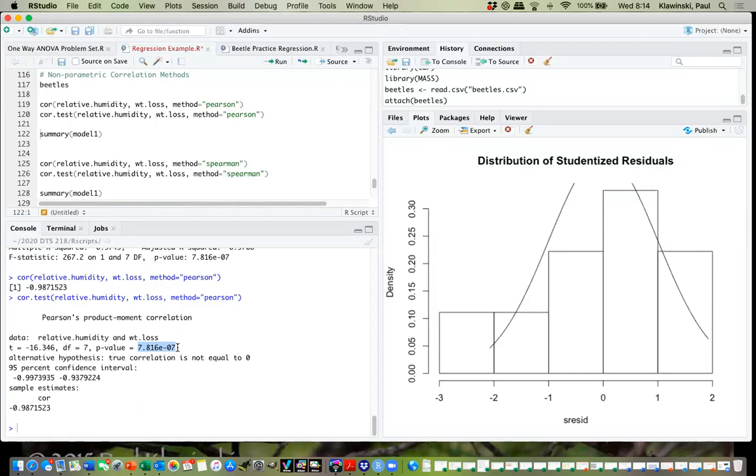So it doesn't really matter if you test the slope for significance or whether you test the correlation coefficient for significance. It's basically telling you, in this case, the exact same information. And then you just need to know the relationship between R squared and the correlation coefficient to figure out one from the other.